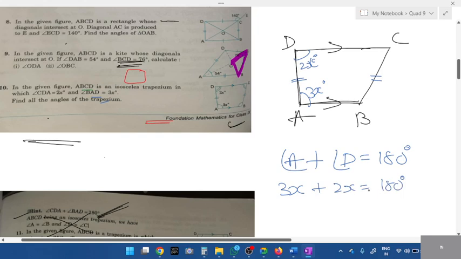Find the value of x, students. Once you find the value of x, substitute and tell me the value of angle A and D.